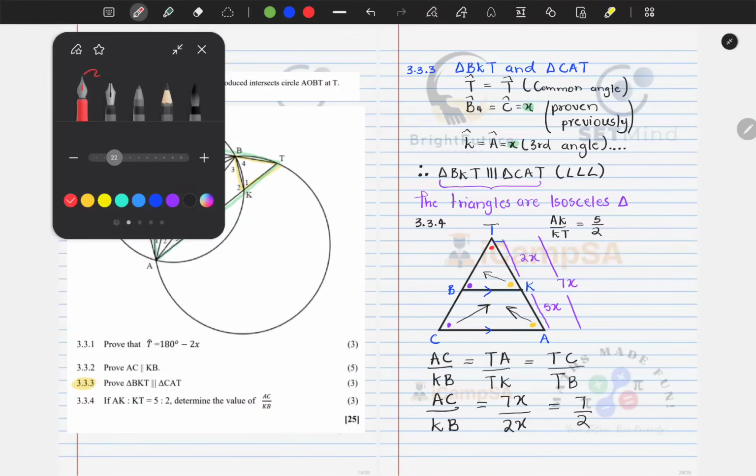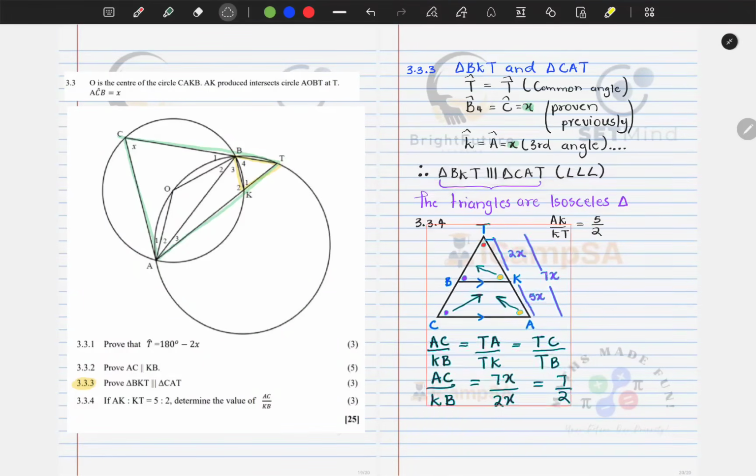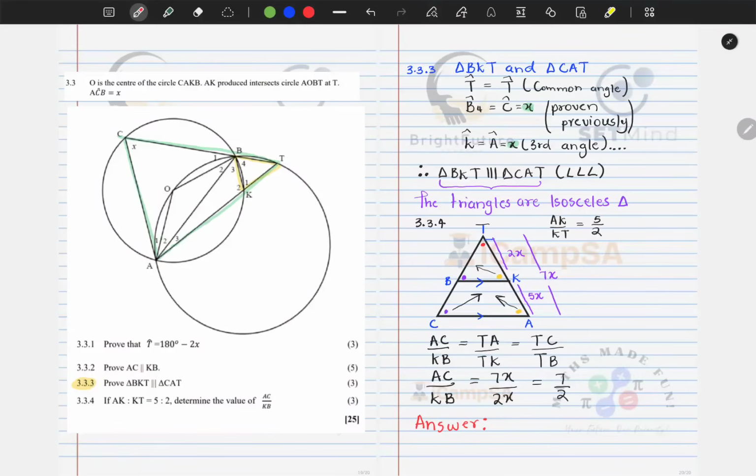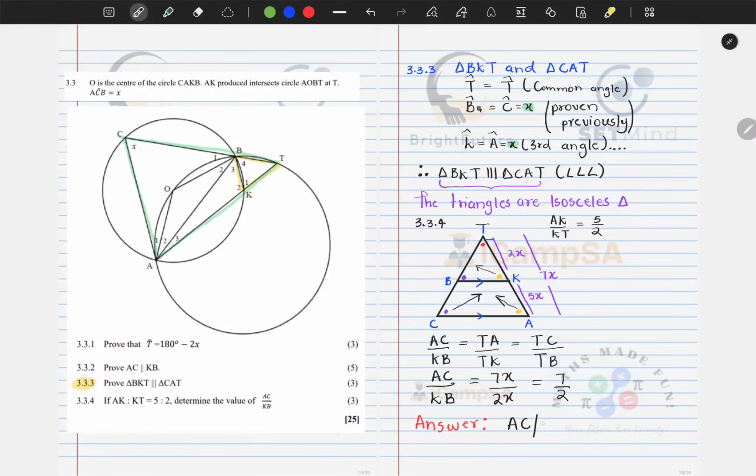So this means our answer is 7 over 2. Our AC divided by KB will be 7 divided by 2.